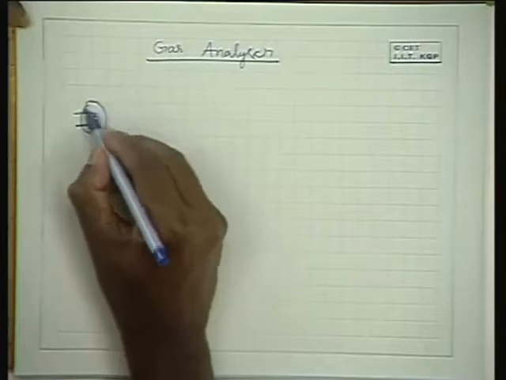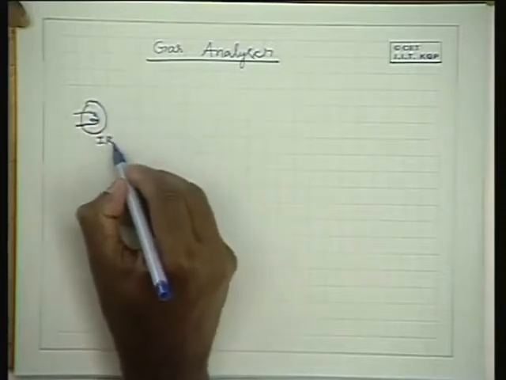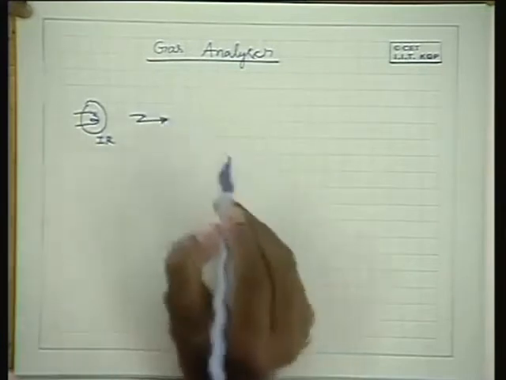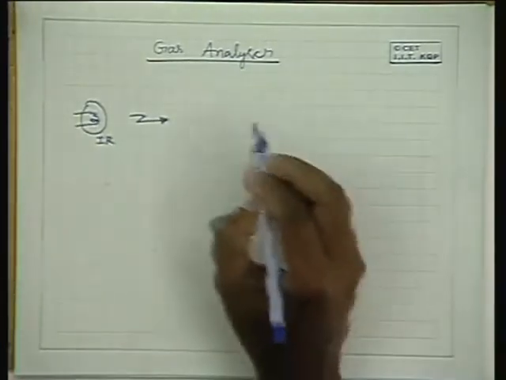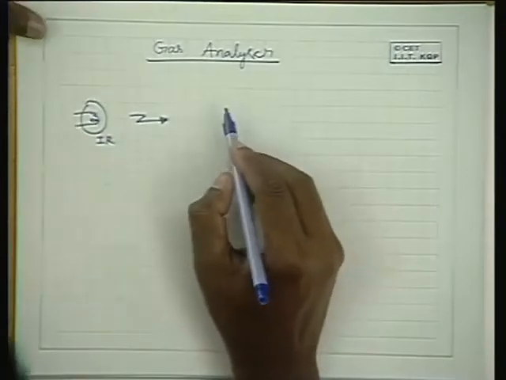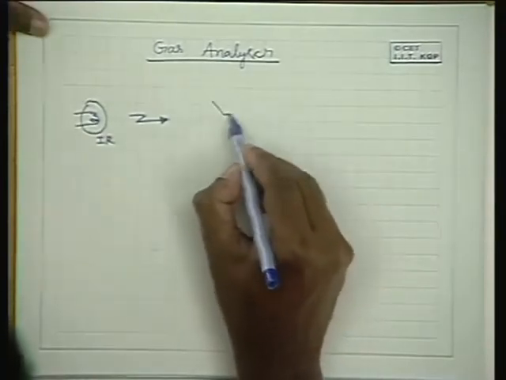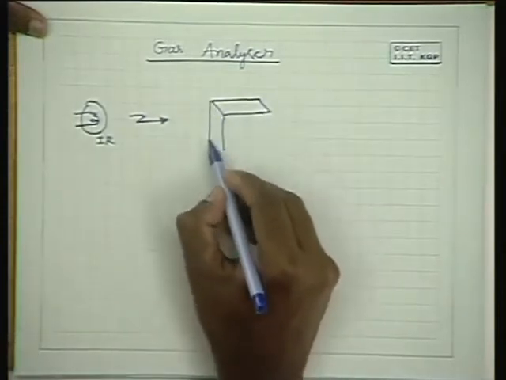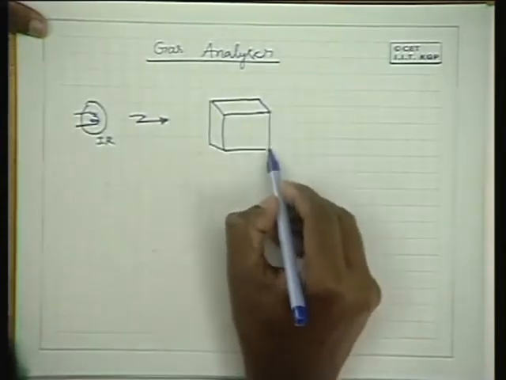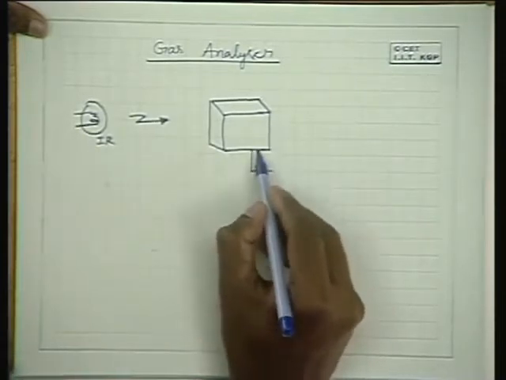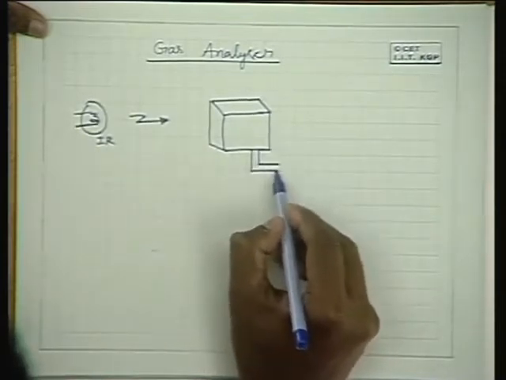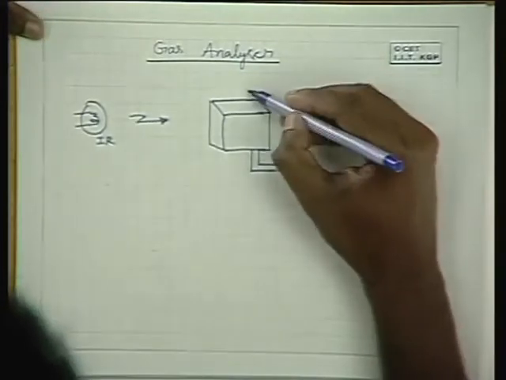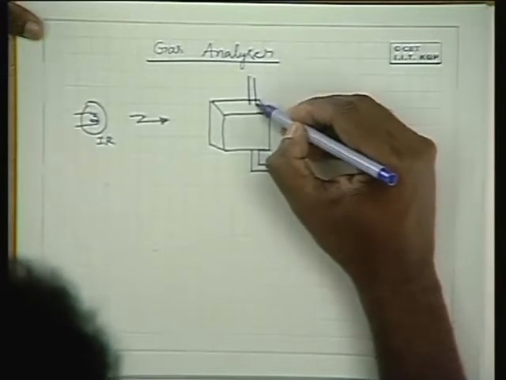You use an IR source, an infrared source, and take the infrared radiation and subject the gas sample, which is taken into a chamber. Naturally, you have to flush out the contents of the chamber earlier, evacuate the chamber and let the sample in.